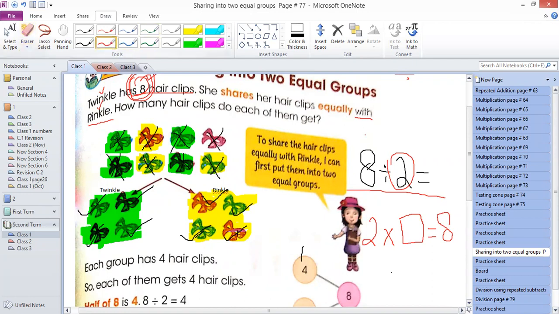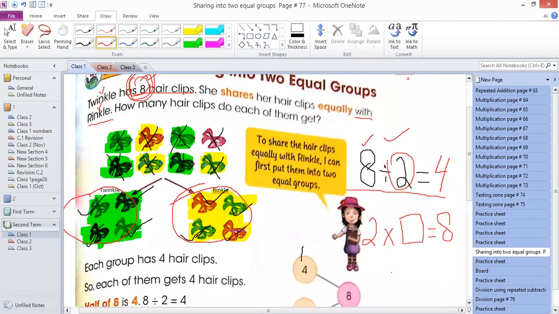Division sentence: 8 divided by 2. When you divide the hair clips 1, 1, 1, 1, 1, 1 like this, you will see that Twinkle will have 4 hair clips and Wrinkle will also have 4 hair clips. So 8 divided by 2 gives 4 hair clips in each group.